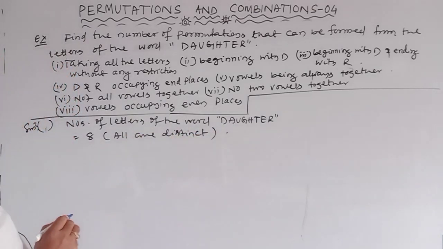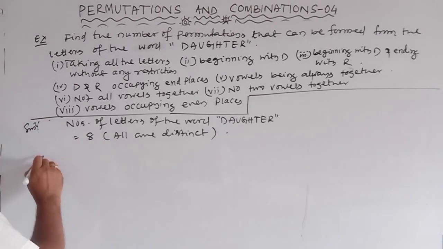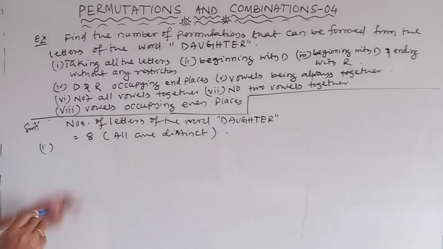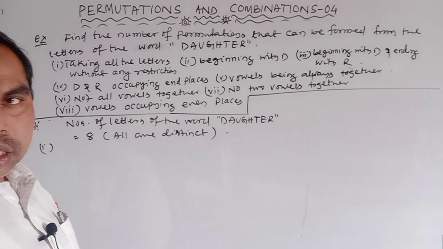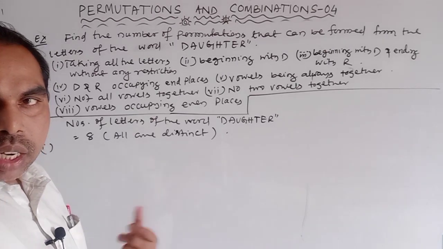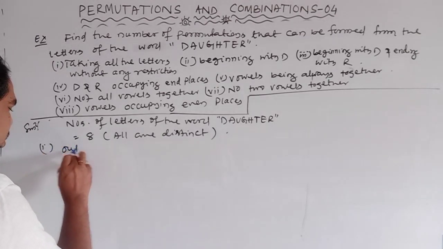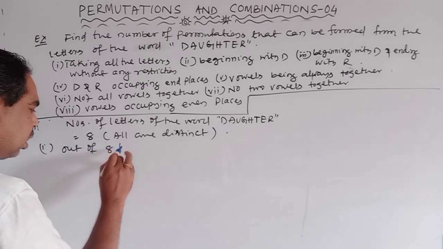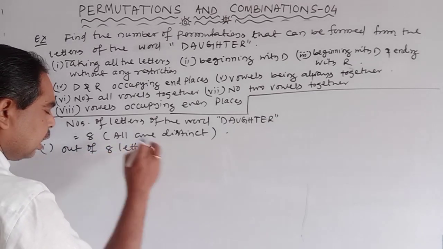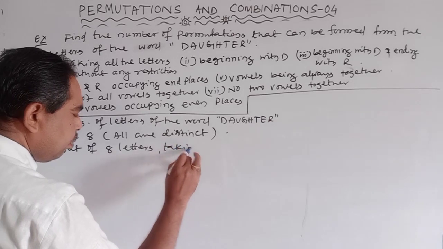Okay. So question number 1. Taking all the letters without any restriction means out of 8 letters taking all at a time.